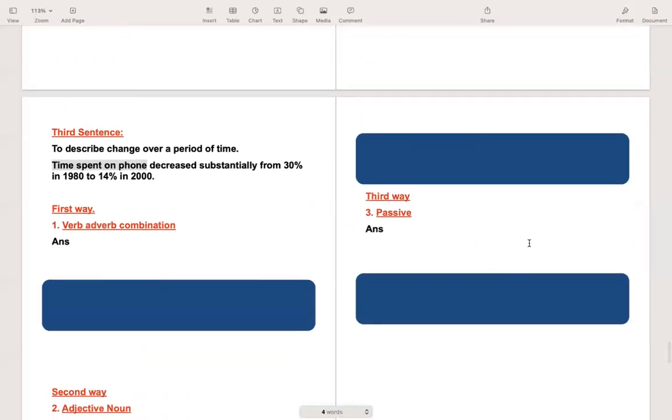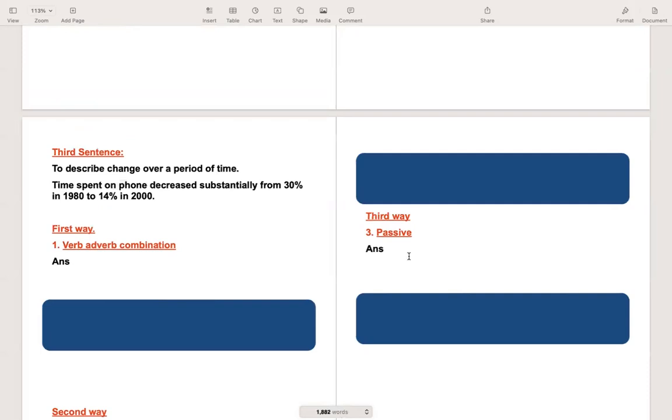Okay. So the last sentence, let's make. First of all, tell me what was noticed. That's what we are going to write. What increase or decrease? A substantial decrease. So we'll write that substantial decrease. Then we can write was noticed, seen, witnessed. You can write any word which means dekha gaya tha.